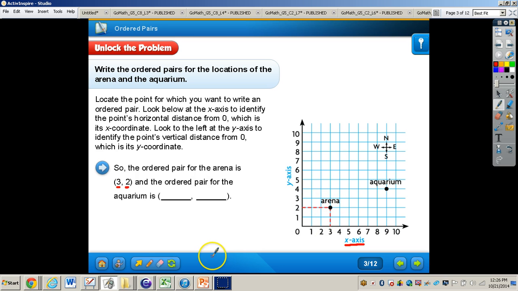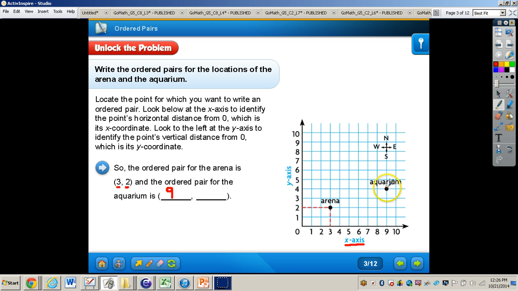Now the aquarium, what we need to do is, first of all, take a look at the x-axis, and we can see that the aquarium is lined right up with the 9 right here on my x-axis. So we would have 9 for the first number in our ordered pair.